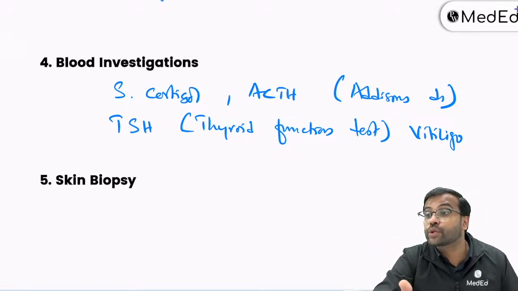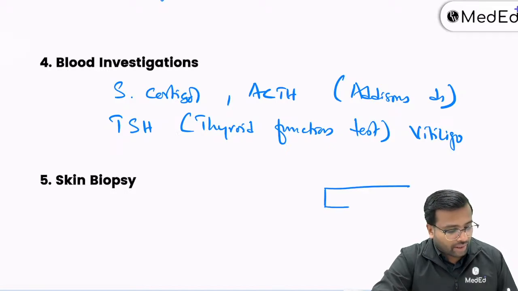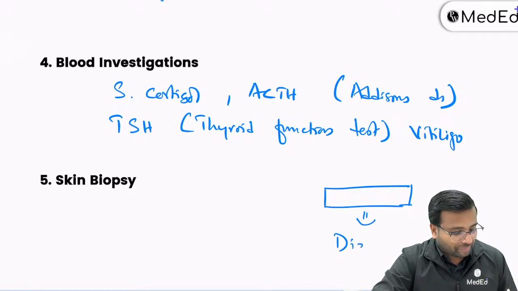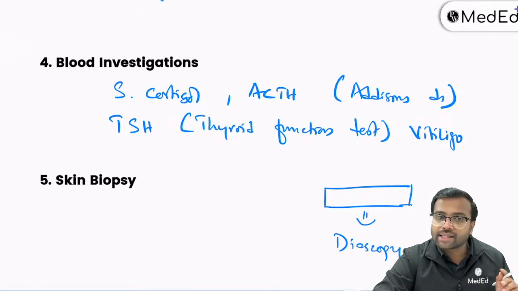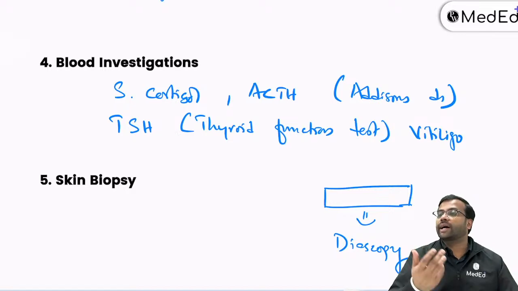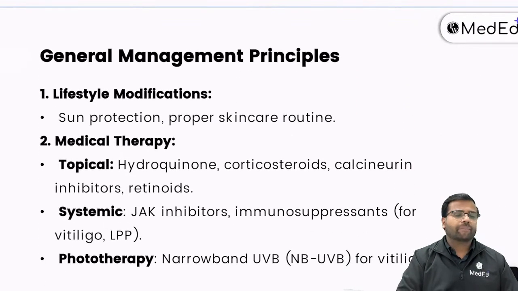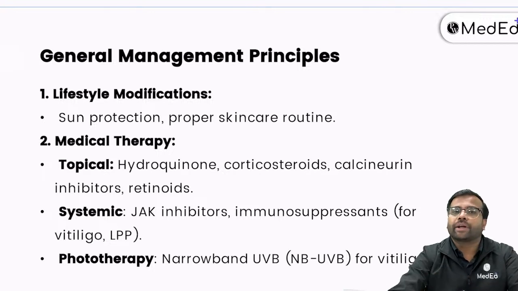That is called dermoscopy. Diascopy means, remember our glass slide. Glass slide is equal to diascopy. Whenever we take a glass slide and press it over the skin, that is diascopy, and dermoscopy is an entirely different procedure. Okay? And now, general management.